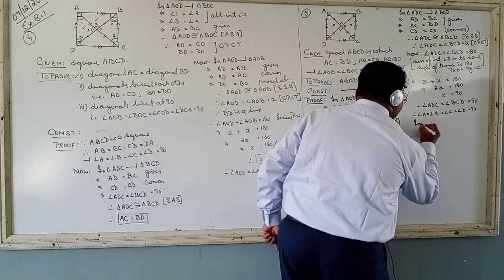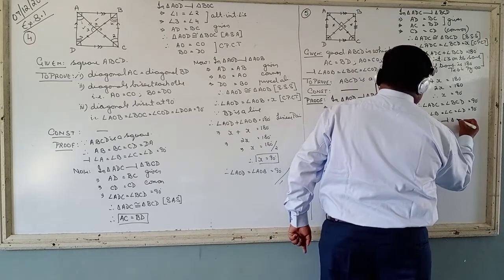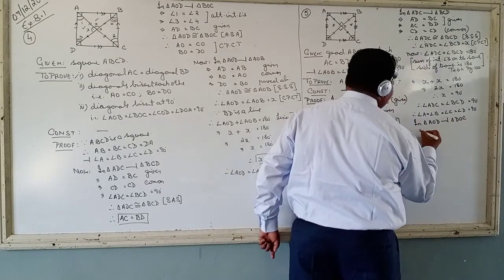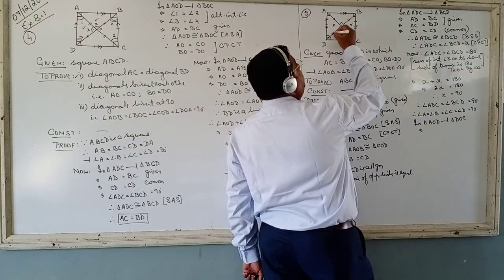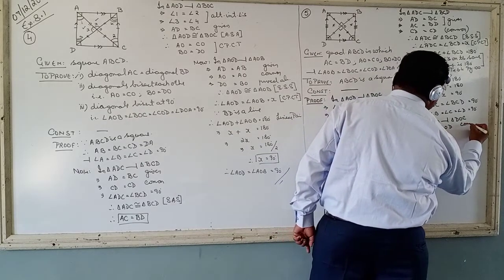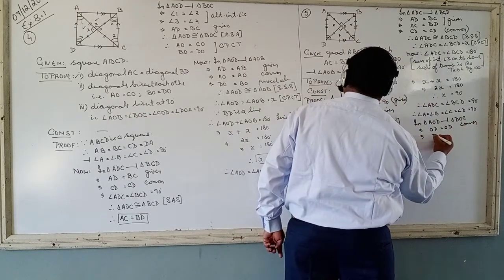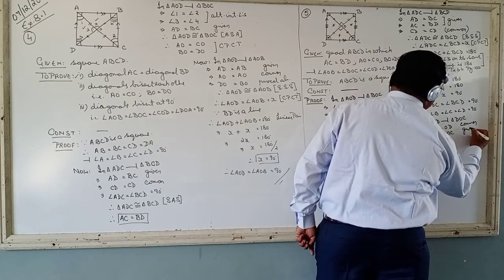Now, in triangle AOD and triangle DOC, the one that we did previously, same this time. OD is common, OD equals OD. Then OA equals OC, that is given.